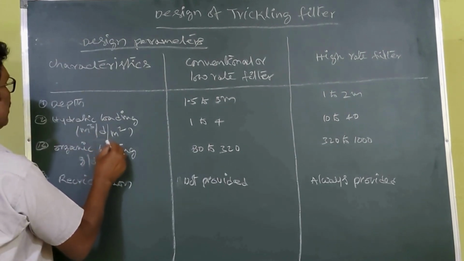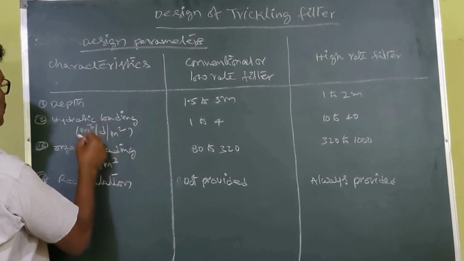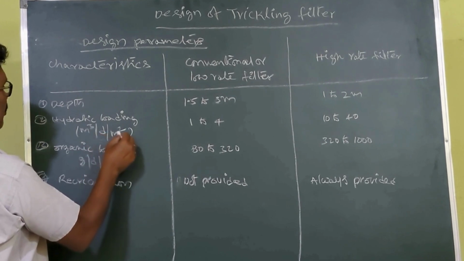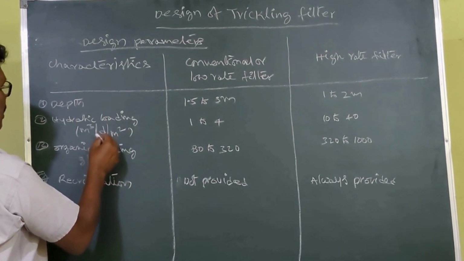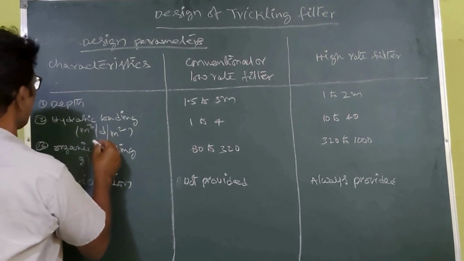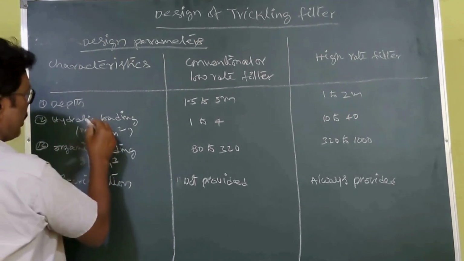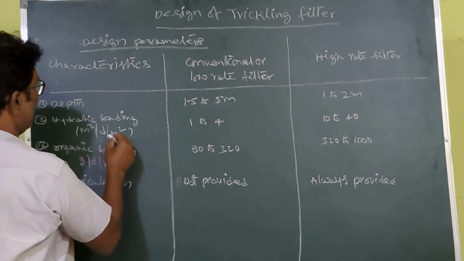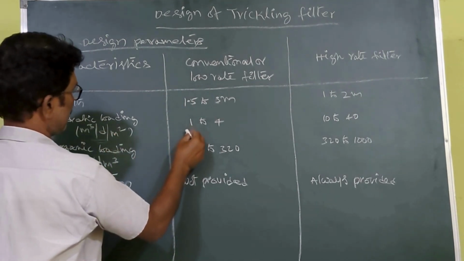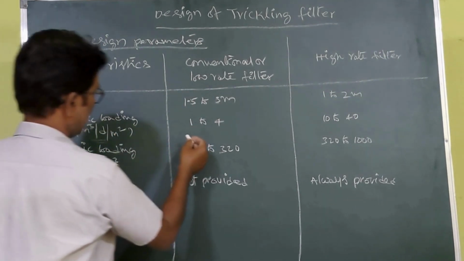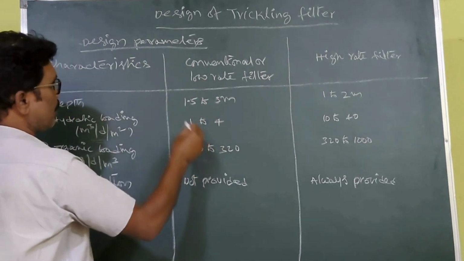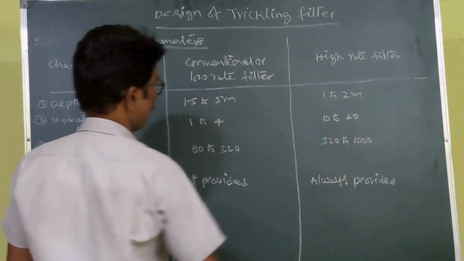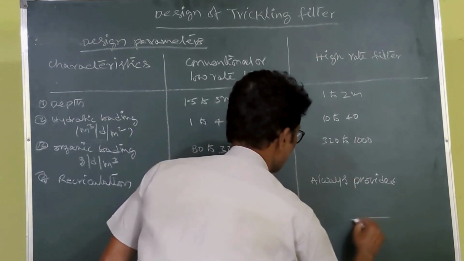The units we have to understand here are meter cube per day per meter square, which means meter cube per day per 1 meter square area. That is the hydraulic loading, the flow rate that can be accepted and treated: 1 to 4 in the conventional standard rate trickling filter, and 10 to 40 in the high rate.